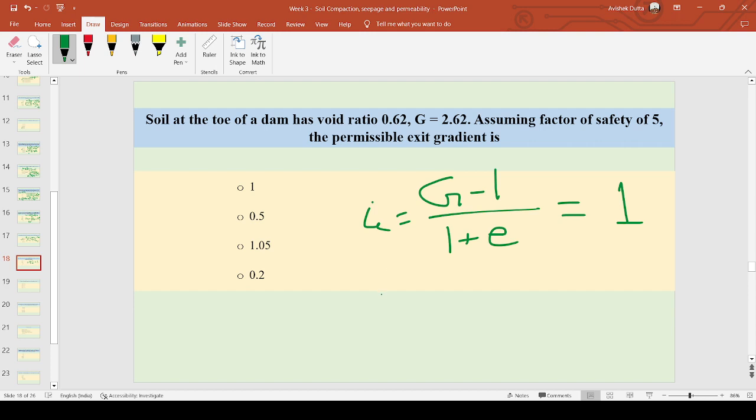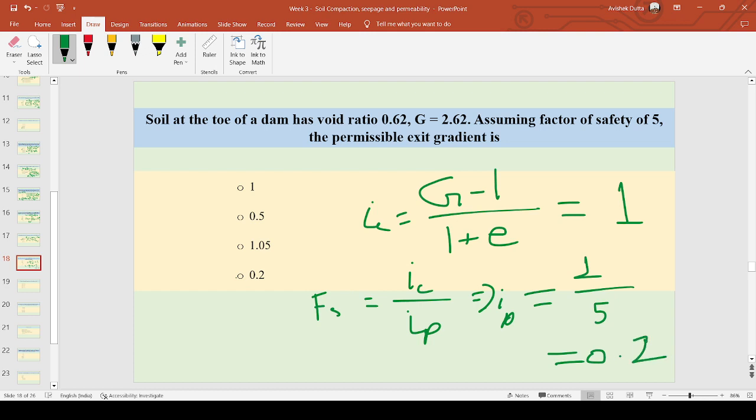Factor of safety is the ratio of critical gradient by permissible gradient. So permissible gradient will be critical gradient by factor of safety. In other words, 1 divided by 5, it will be equal to 0.2.